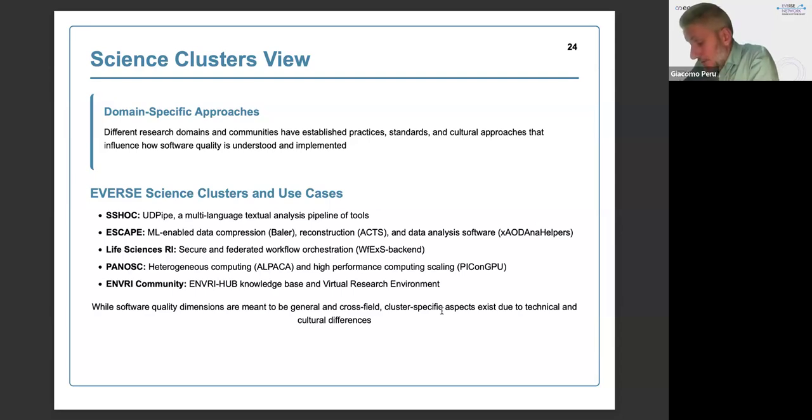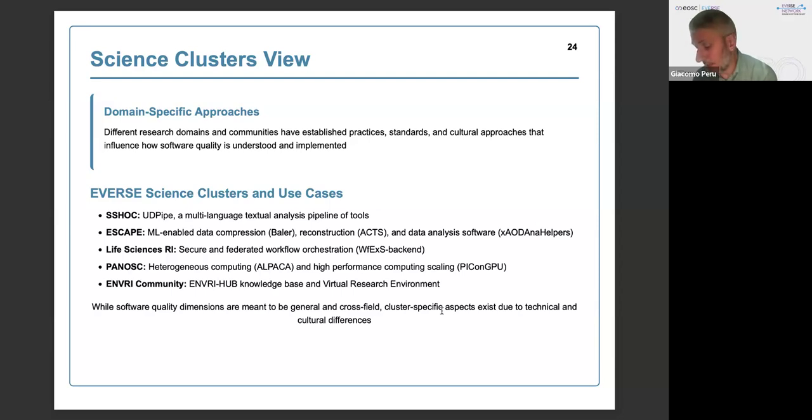While software quality dimensions are meant to be general and cross-field, cluster-specific aspects exist due to technical and cultural differences. Technical differences arise from domain-specific computational requirements, data types, performance needs, and integration requirements with existing domain infrastructure. Cultural and work environment differences emerge from established practices, collaboration patterns, funding structures, and community expectations that vary significantly between research domains.